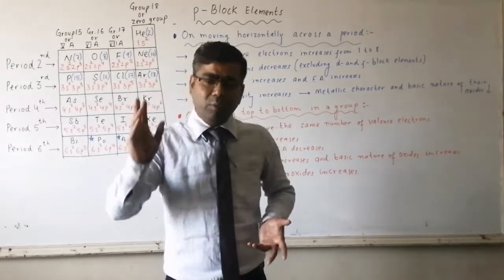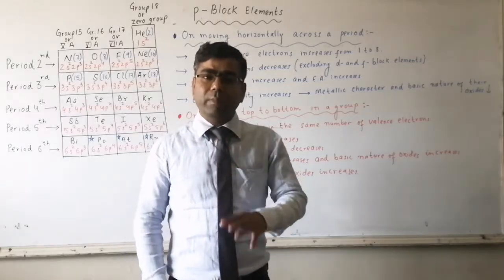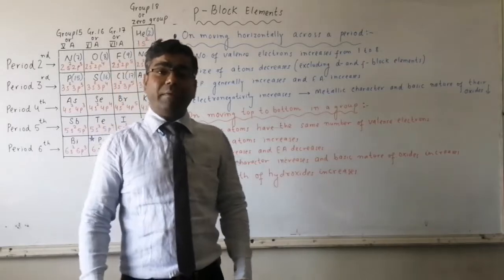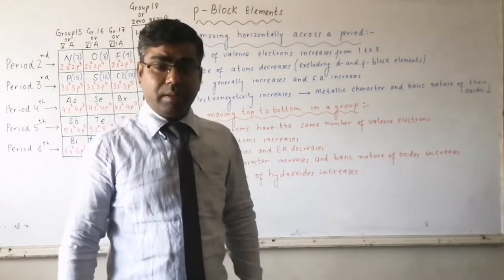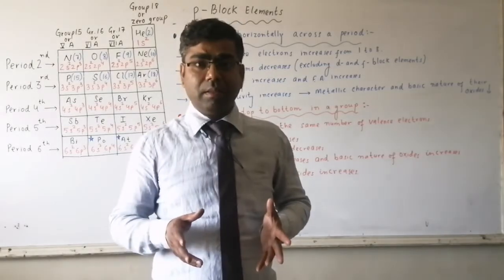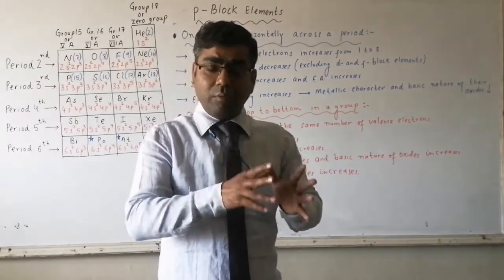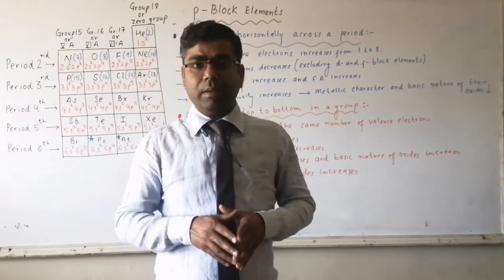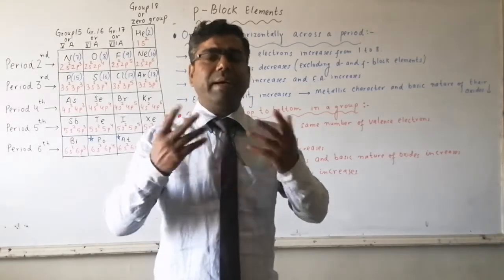So definitely for removing the electron, more energy will be required. And the same for EA: electron affinity, or electron gain enthalpy, increases. Electron will be added easily in the valence shell if we are moving from left to right. The reason is very simple.